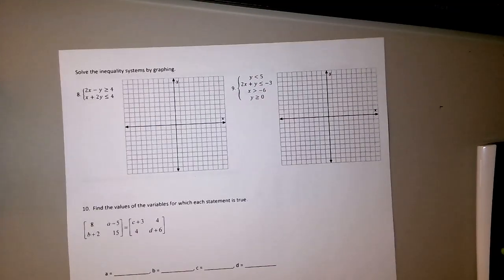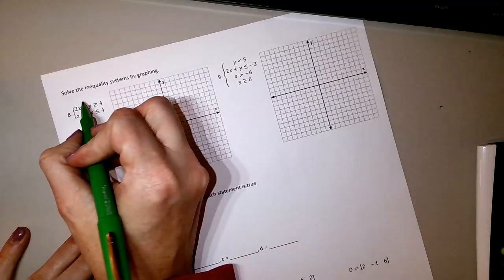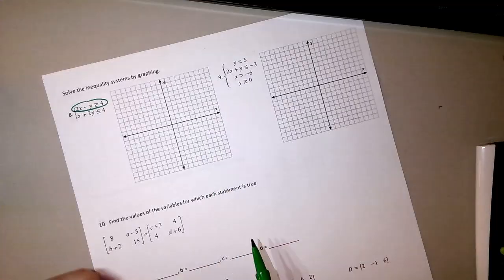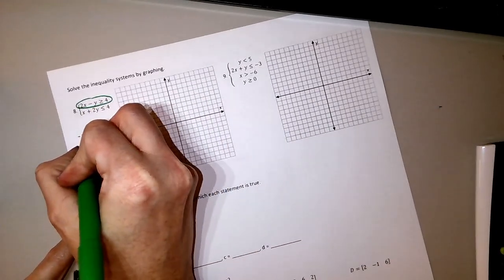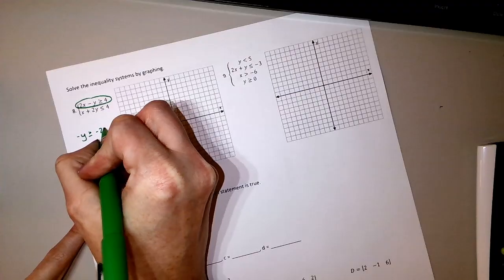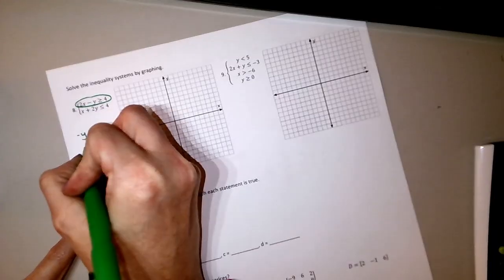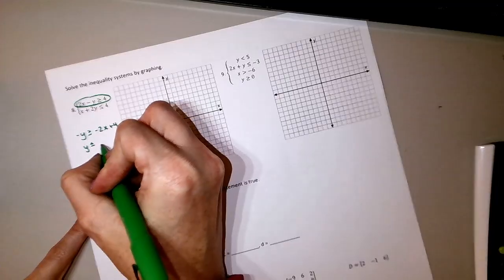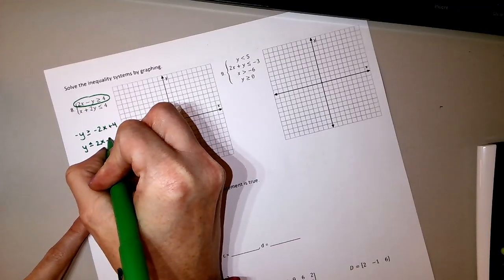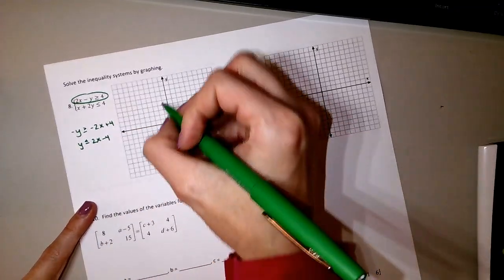These are graphing systems of inequalities. So I'm going to do this one in green. I need to get y by itself. So if I subtract 2x, I'd have negative y is greater than or equal to negative 2x plus 4. When I divide by a negative, I have to change my inequality sign. Now I'm going to plot this.